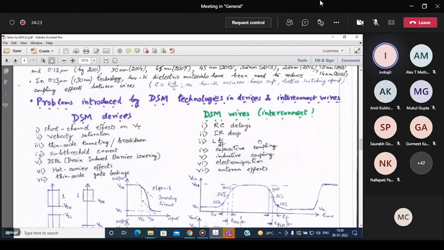Then L di/dt, capacitive coupling, inductive coupling, this will be unavoidable, because in a given space there are a lot of wires going in one direction and in another plane in a perpendicular or parallel manner, more and more wires are going. So between them capacitive coupling and inductive coupling can take place, and so the undesired voltage will be there, and that can interfere with the proper signal value.